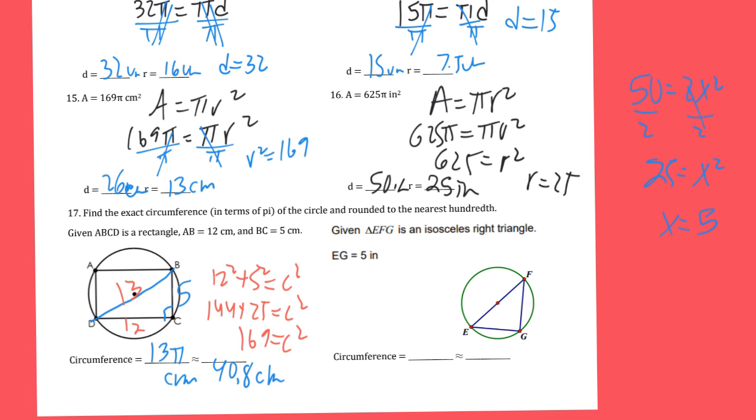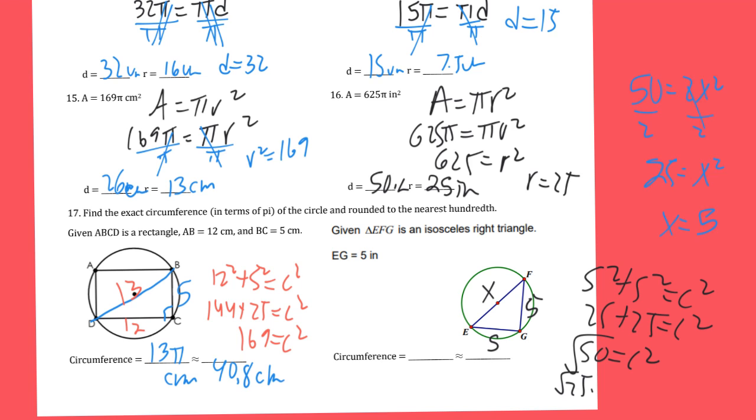So EG is 5, and they say it's isosceles. Well, it means both of these sides are 5. And so you could do 5 squared plus 5 squared equals c squared. That's 25 plus 25 equals c squared, and that would be 50 equals c squared. If you square root both sides, the square root of 50 breaks up into 25 times 2, or 5 radical 2.